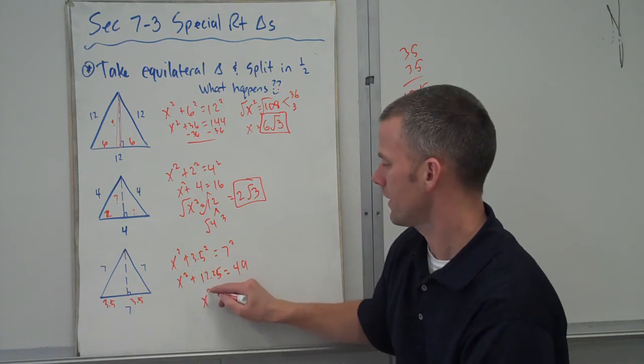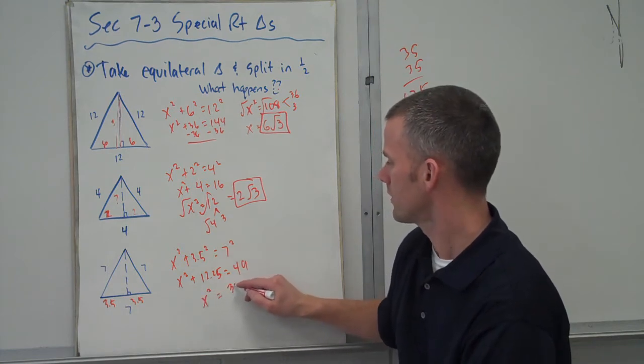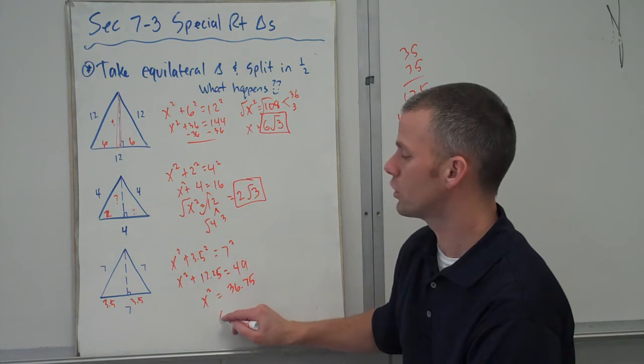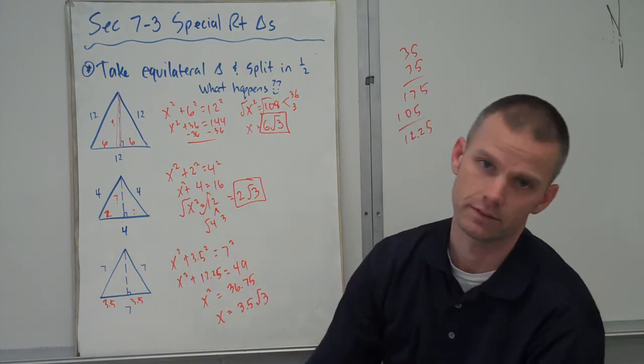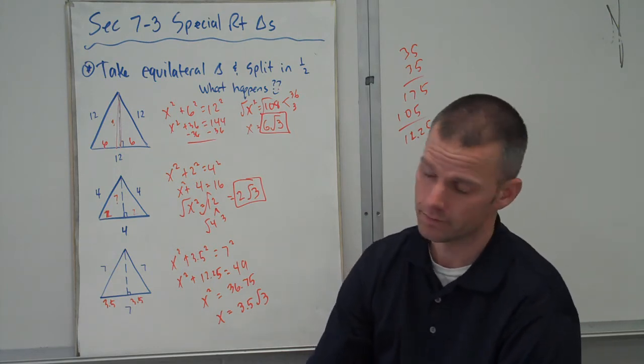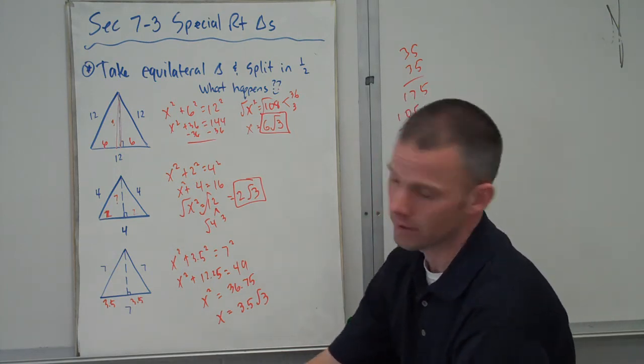So if we subtract that, that gives us 36.75, which should work out to be 3.5 radical 3. I know, kind of weird. But it works.